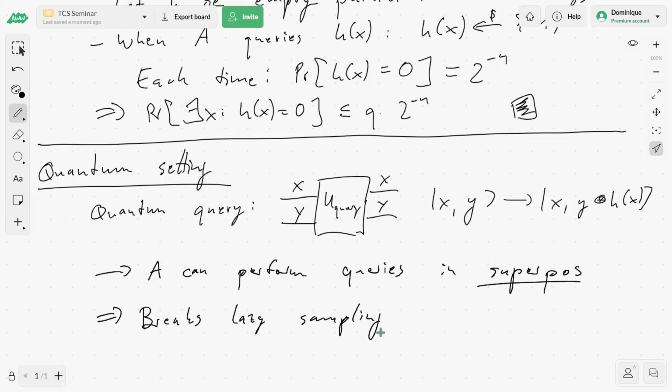Why is that the case? Because above we said when we are queried at one particular position x, then we choose the value for the random oracle at that position, and the rest we leave undefined. But now it could be that we query the random oracle in a superposition between all positions at the same time. What do we do then?